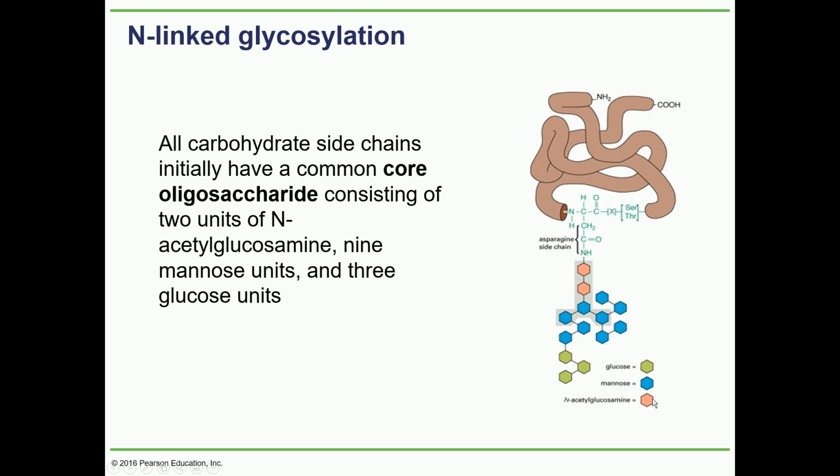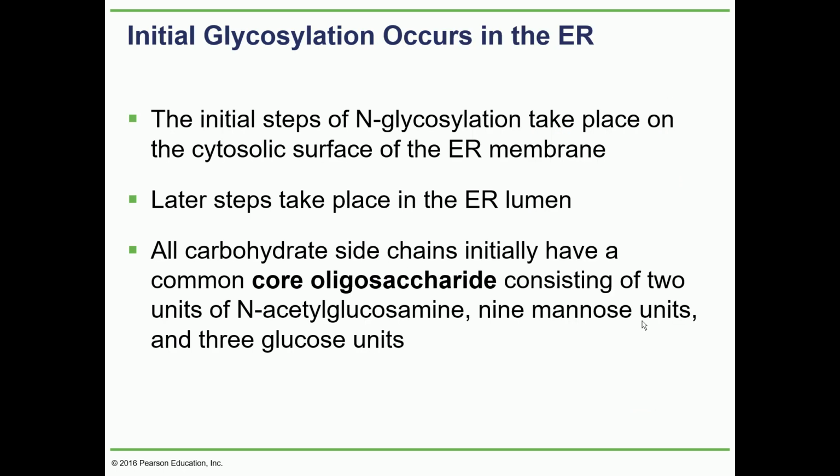It consists of 2 units of N-acetyl glucosamine, and this pink ring shows N-acetyl glucosamine, 9 mannose units, which are a sugar, and 3 glucose units. So this is the common core oligosaccharide.